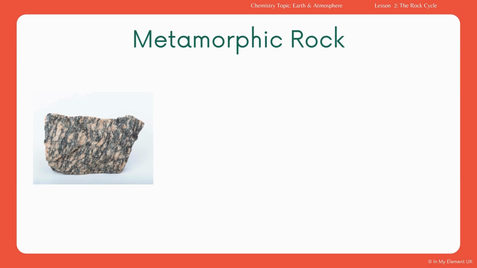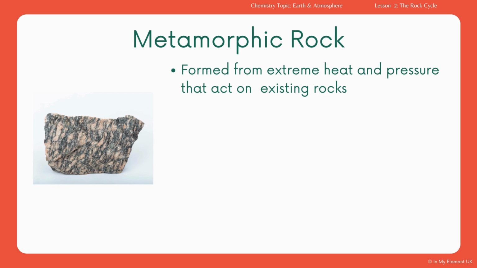Then you've got metamorphic rock. So you can see the image there of a metamorphic rock. This example is the one that undergoes the most extreme amounts of heat and pressure. So the rocks are already there because they're formed as a result of this extreme heat and pressure acting on sedimentary rocks.